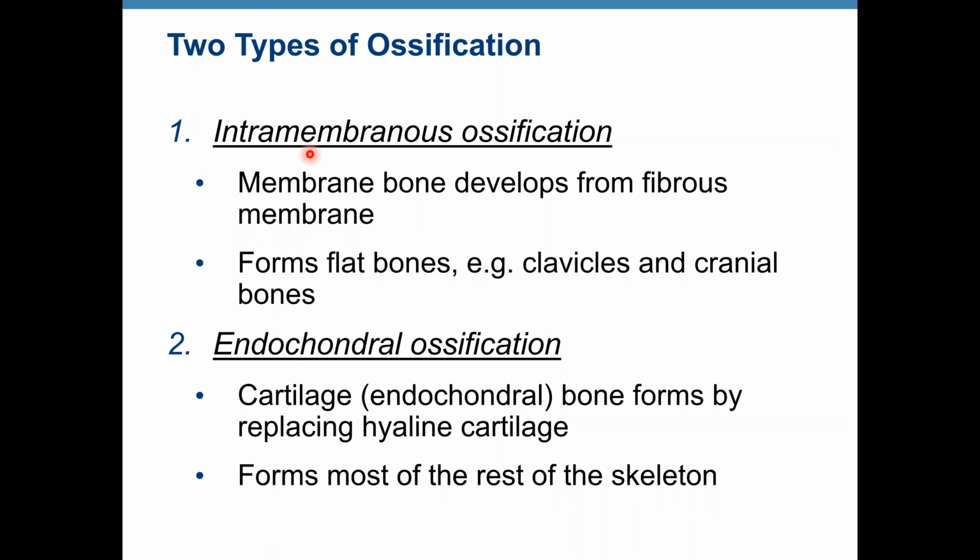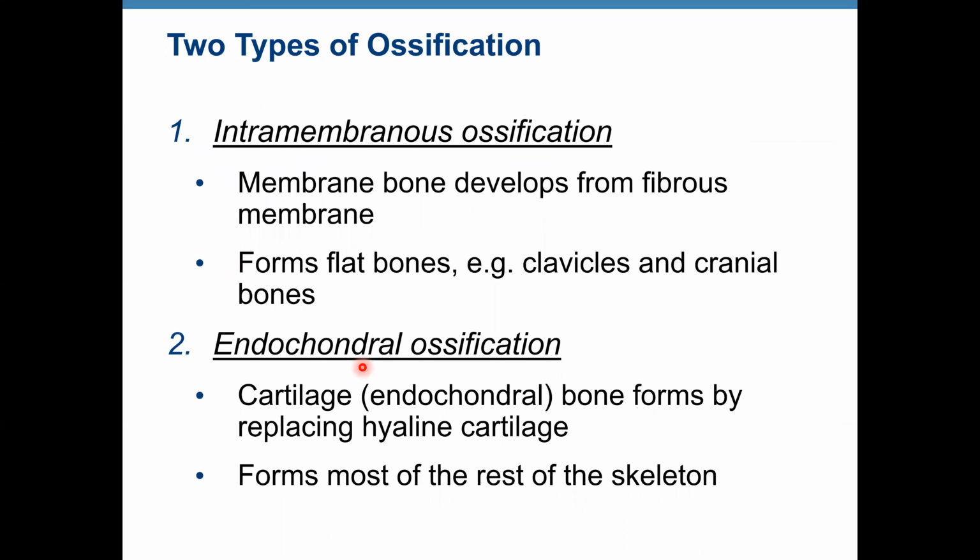Intramembranous means bone will form inside, because intra means inside, connective tissue membrane, right? So membrane bone develops from fibrous membrane. And this is how flat bones are formed. And clavicle as well, because clavicle is not a flat bone. It's a long bone, but it's formed by intramembranous ossification.